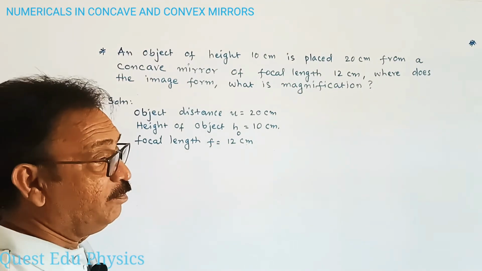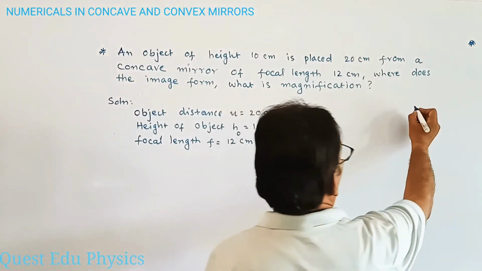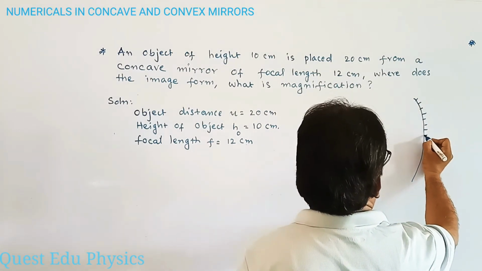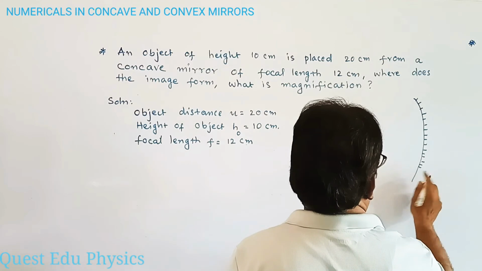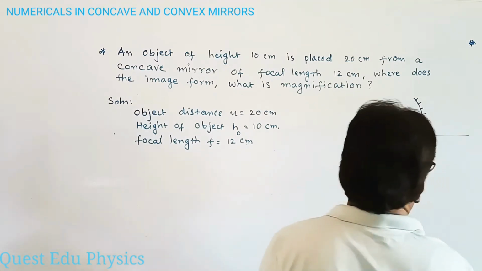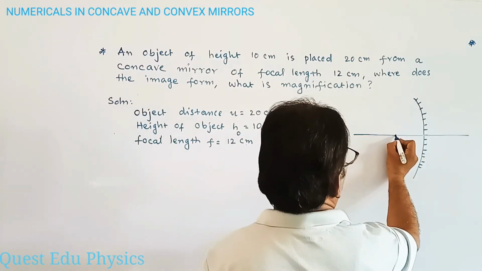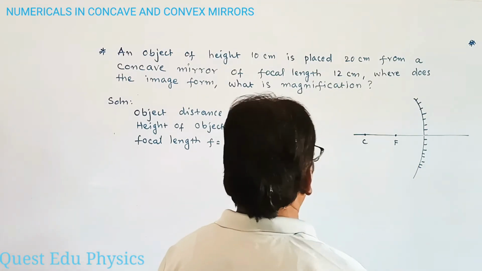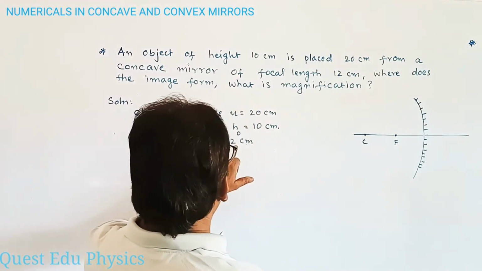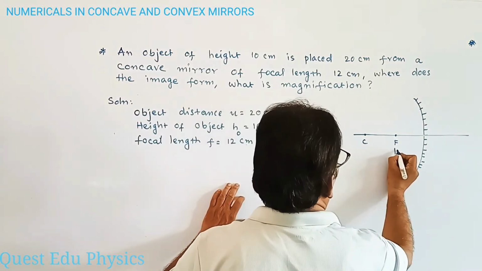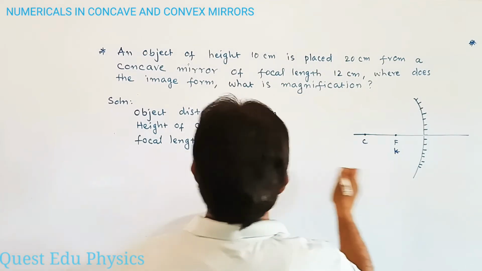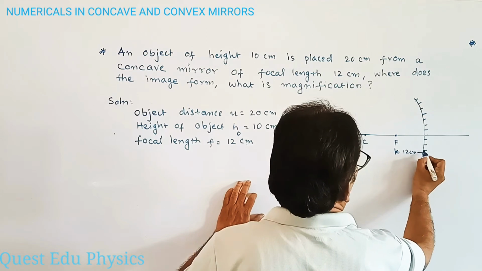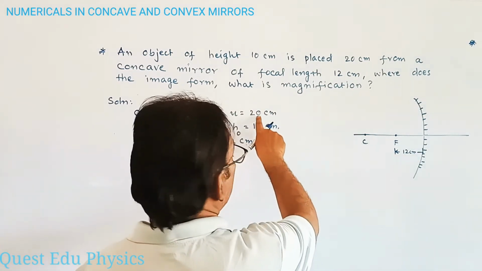If we depict the diagram, it could look like this, students. This is the thin concave mirror. Okay, students, it is the principal axis. This is the focus, and this is the center of curvature. He gave focal length as 12 centimeter and object distance as 20 centimeter.